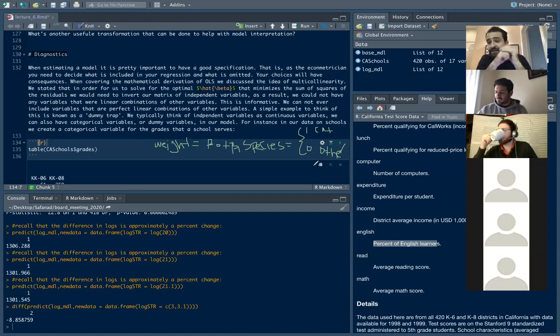So in this specification, I'm trying to predict the animal's weight, maybe in pounds or in ounces, based on some average weight plus some beta 1 times the species, which is a 1 if the species is a cat, 0 otherwise. So that's a way for me to take some words or some categories and code them up as an actual mathematical number. 1 if it's a cat, 0 if it's not a cat.